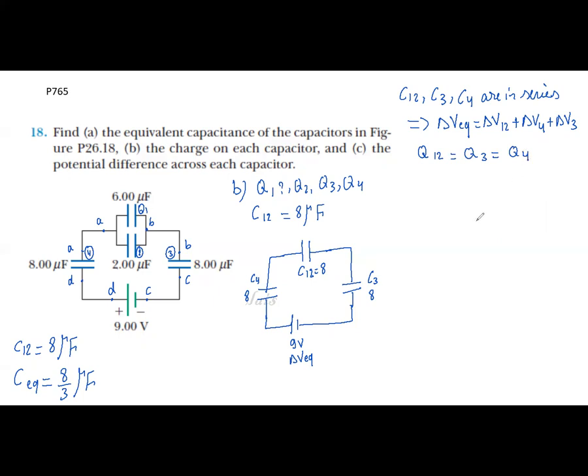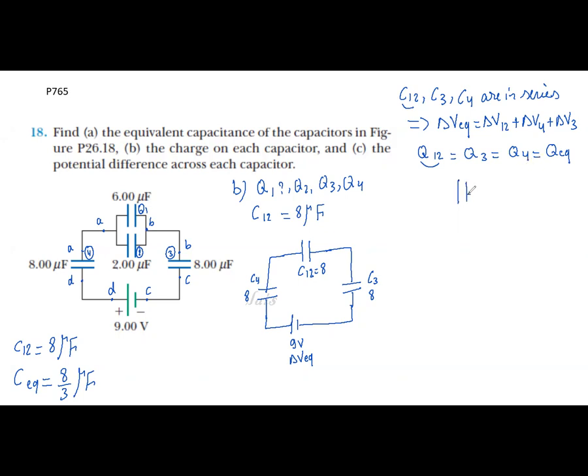In the case of a series capacitor, Q equivalent equals Q12 equals Q3 equals Q4.